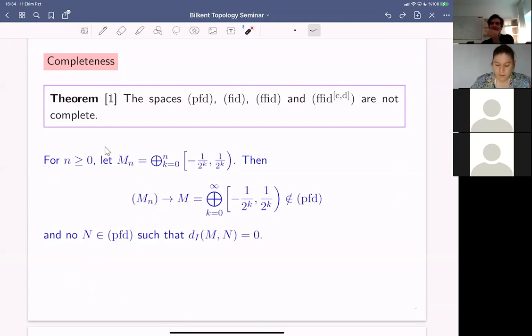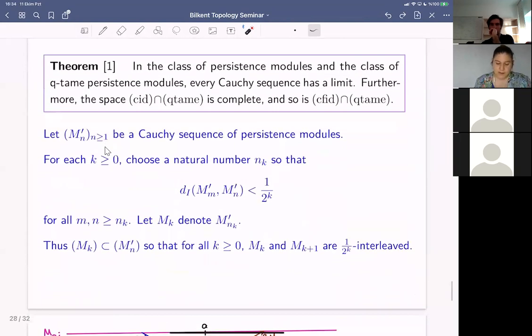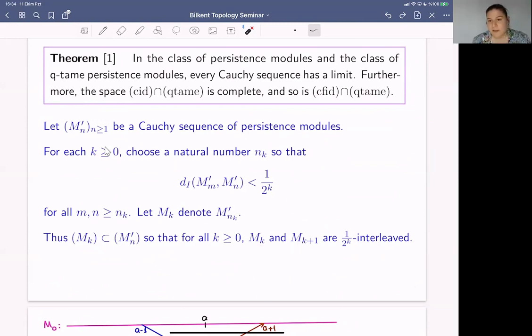And PFD contains all of them, so we can say that these spaces are not complete. For the other ones, what about the proof to show that these spaces are complete? You start with a Cauchy sequence and find a subsequence such that the consecutive modules, M sub k and M sub k plus 1, are 1 over 2 to the k interleaved.